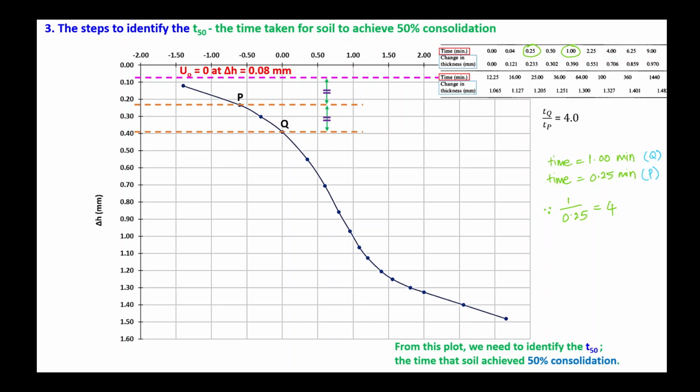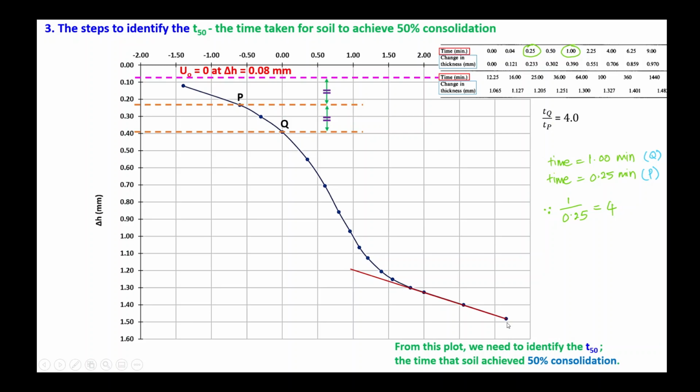Now once we have U equal to 0%, next, look at the bottom part of the curve. You will need to draw another line at the straight portion of this curve. At the bottom part here, draw an extension of the straight line.